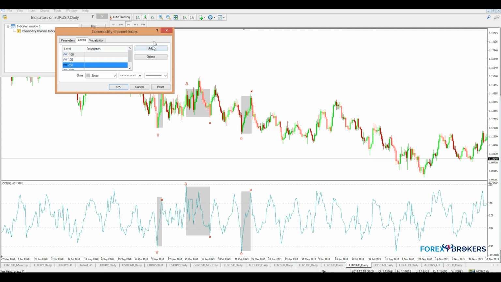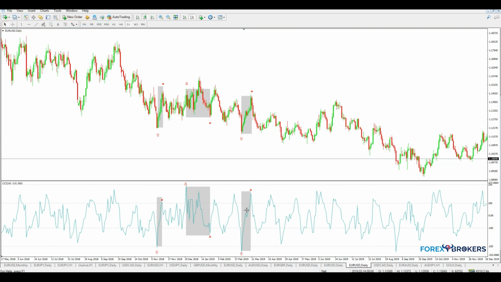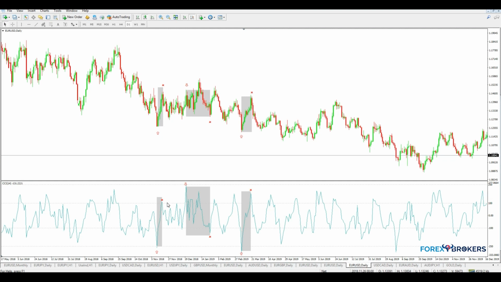We add the 255 and the minus 255. You can change the color if you want, and if you apply those levels, the CCI appears like this. As you can see, when it reaches extreme overbought or extreme oversold, it doesn't reach those levels that easily.